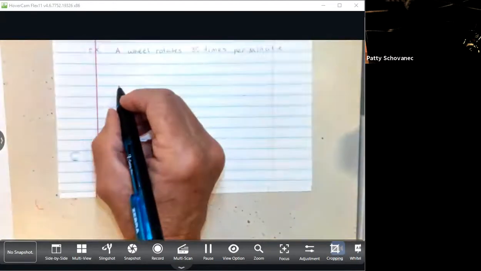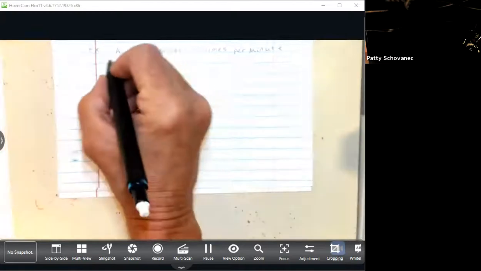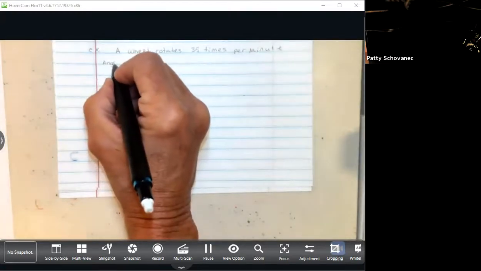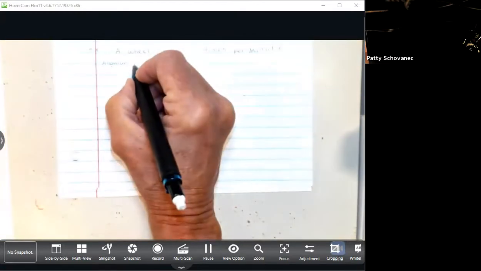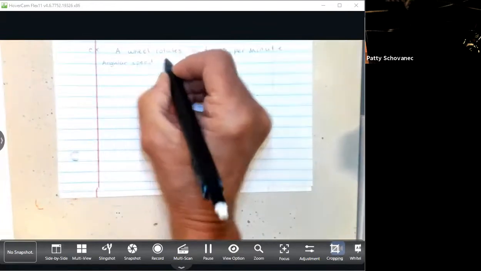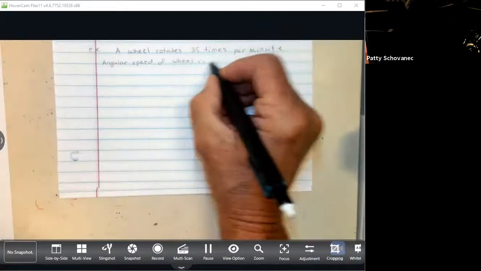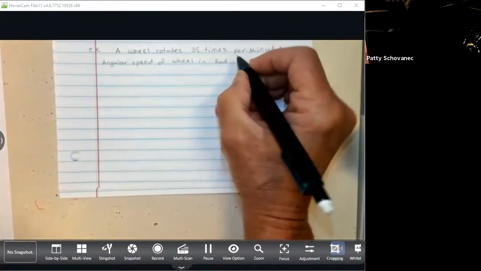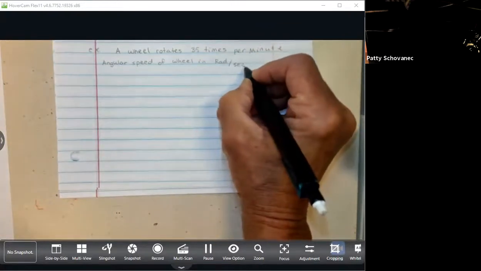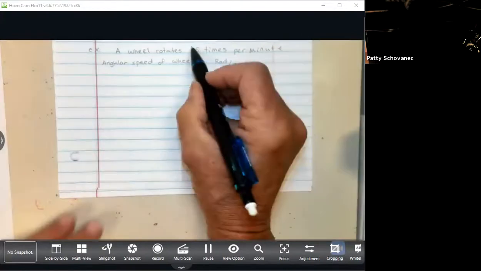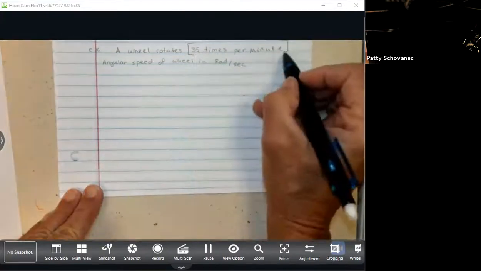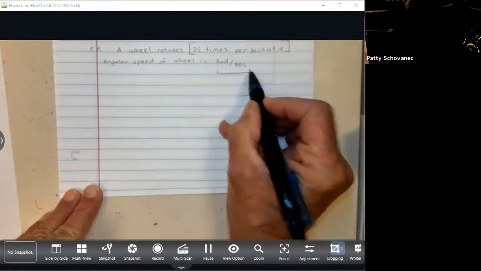Can you give me the angular speed of the wheel in radians per second? Convert 35 times per minute to radians per second.